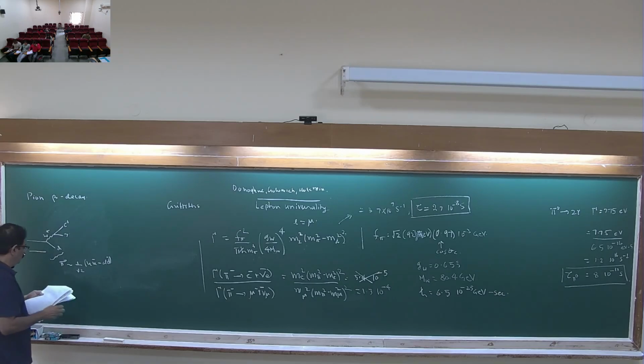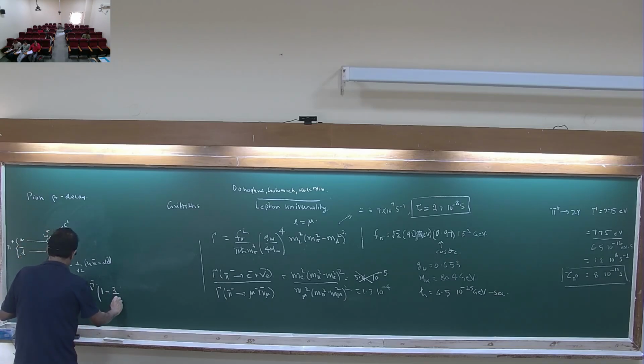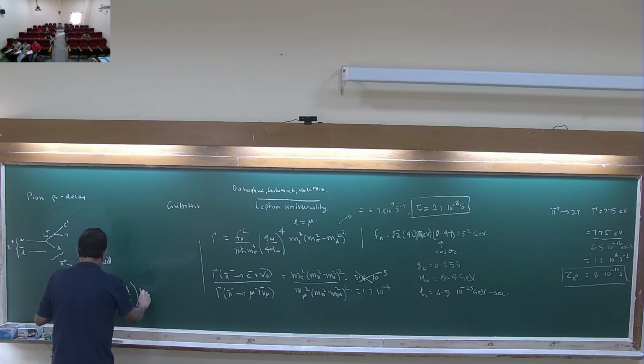charge conjugate. So here the expression according to Sheck is G squared cosine squared theta 1, he calls it theta 1, the same Cabibbo angle, times delta to the 5th power divided by 60 pi cubed times (1 minus 3 by 2 delta by m) times something known as k.